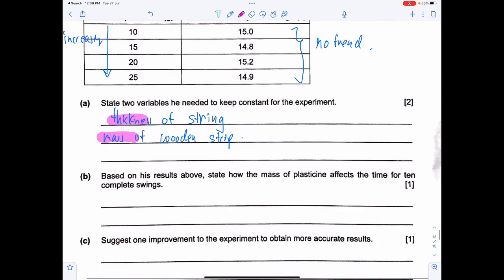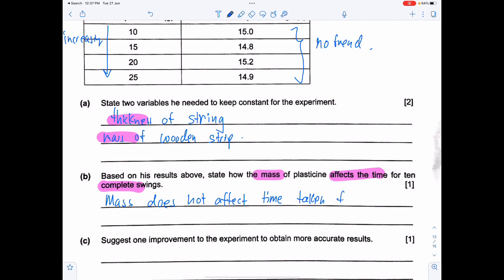Okay? Based on the result, state how the mass of plasticine. Okay lah? This is what I want to tell you. So this one, you have to say that mass does not affect time taken for 10 complete swings.